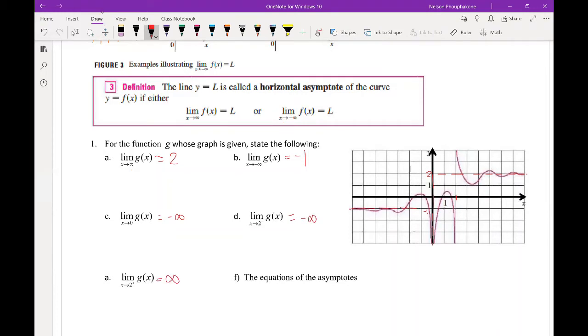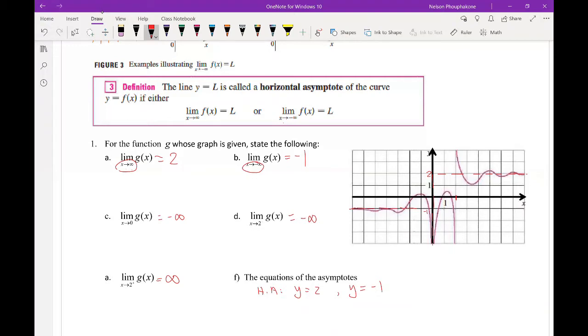Now I would like to find the equations of the asymptotes. I know that if I have the limit as x approaches negative infinity or positive infinity, we talk about the horizontal asymptotes. Therefore, in this case, I will have the horizontal asymptotes y equal to 2 and also y equal to -1. Now remember, it must be an equation, so don't just write down 2 or -1.